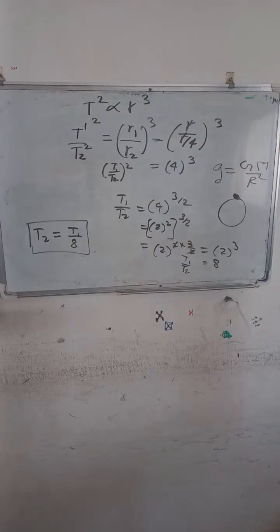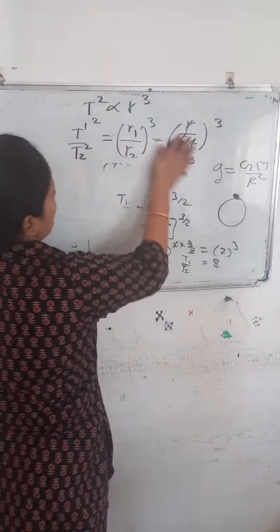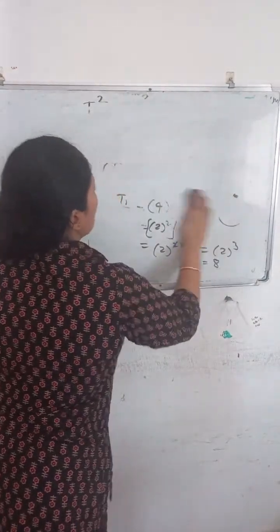So I'll repeat: mass of the earth is 81 times heavier than the moon. Its diameter is about 4 times larger than that of the moon. Estimate the value of acceleration due to gravity on the surface of the moon.